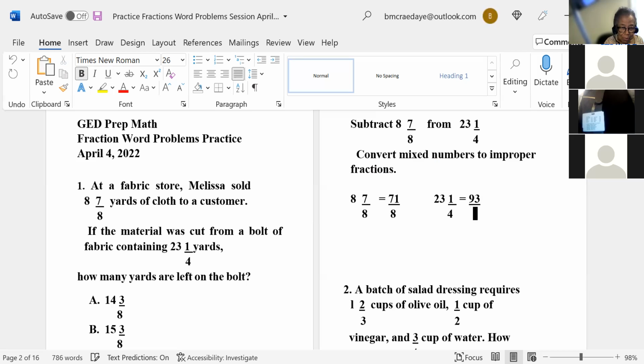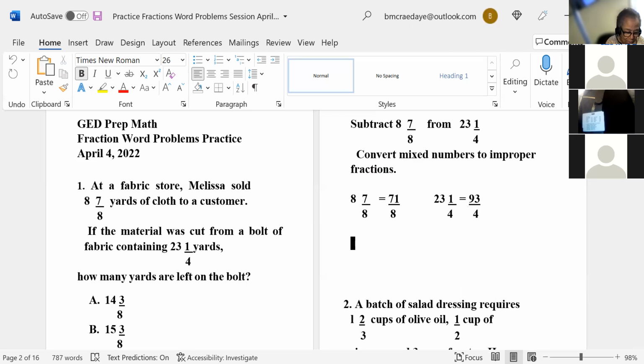So 93 over 4. All right, now we can say 93 fourths minus 71 eighths. Now you can get them over the same denominator, right?